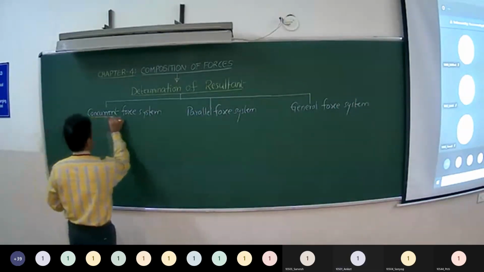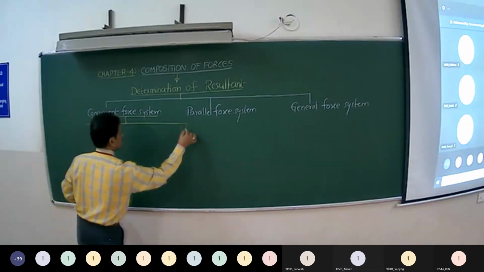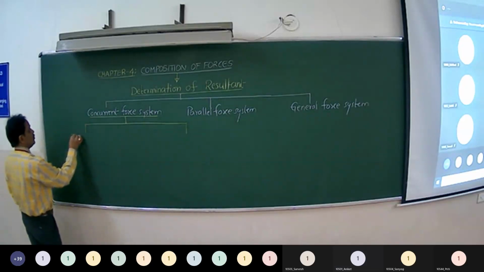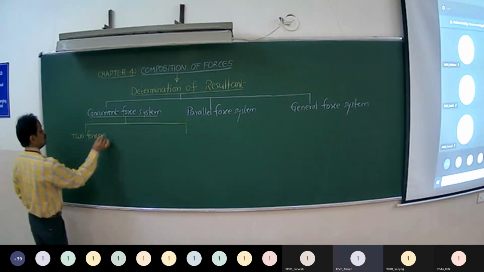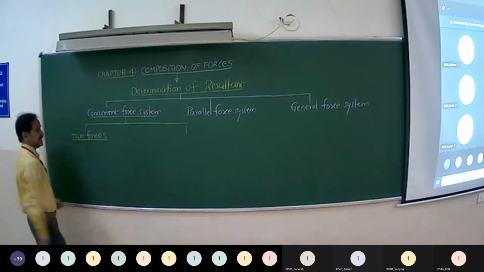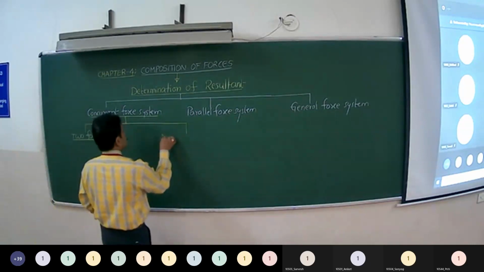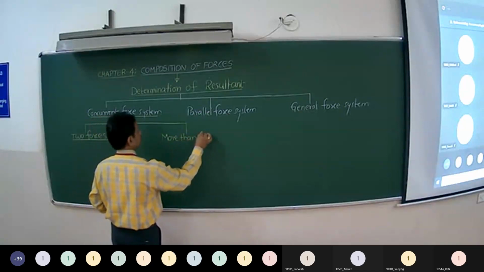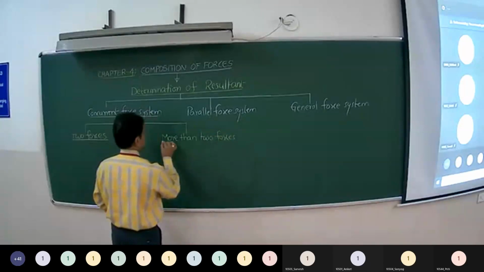So in the concurrent force system, we'll find out the resultant when only two forces are acting. When two concurrent forces are acting, how do you find out the resultant? When more than two forces are acting, how do you find out the resultant?